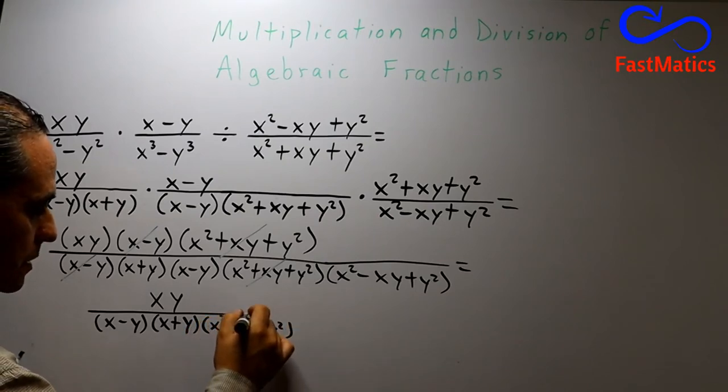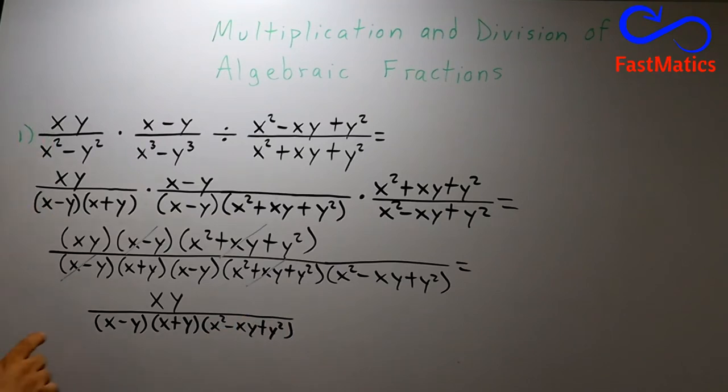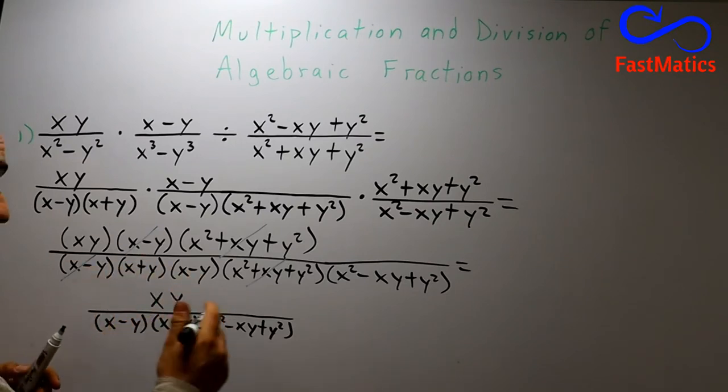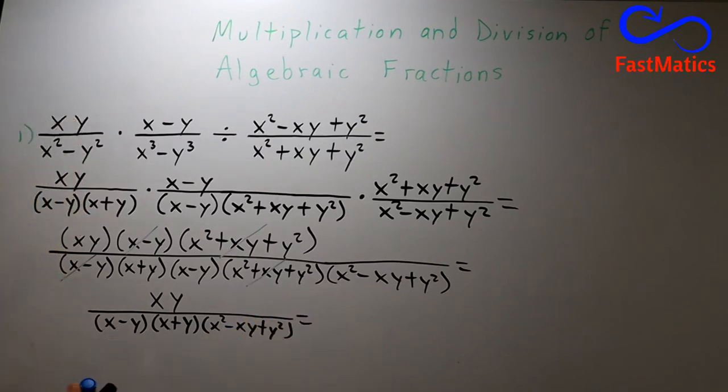because if you remember special products, when you have two terms and after that the square of the first term, the opposite sign, the first times the second, and plus the second squared, you raise the first term to the third power and the second term to the third power, and that's it.